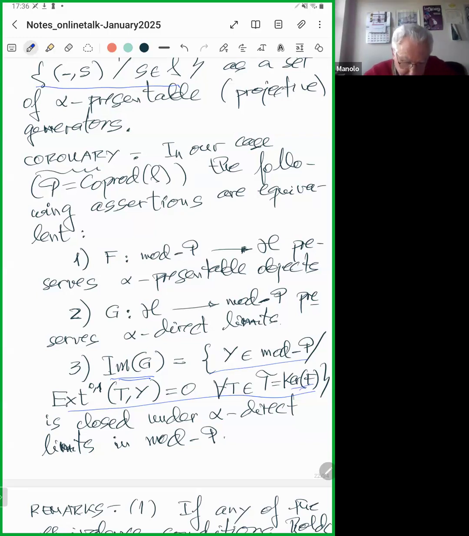So this category of P modules is locally alpha presentable.